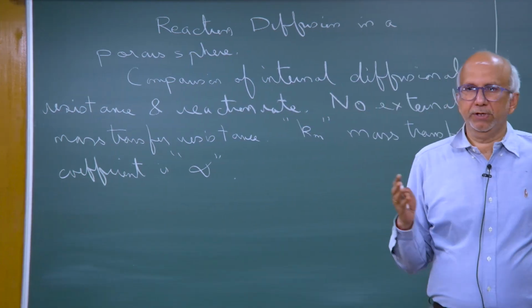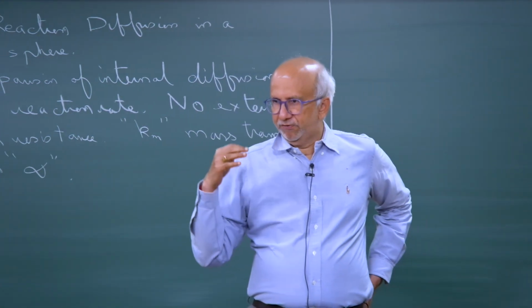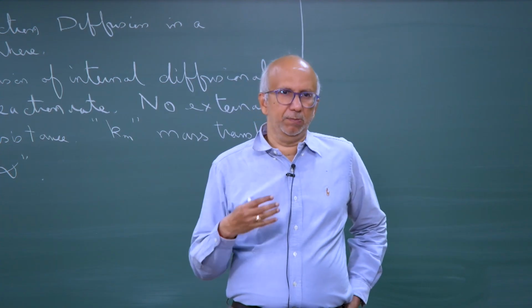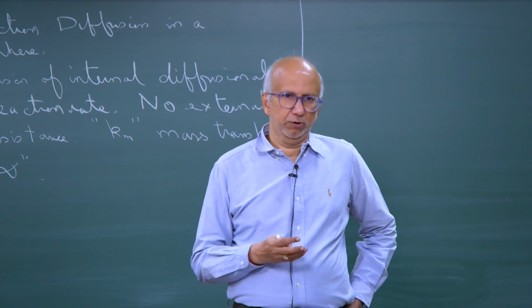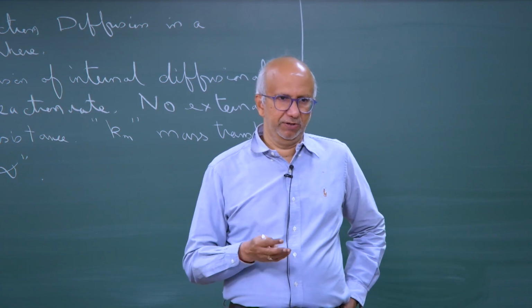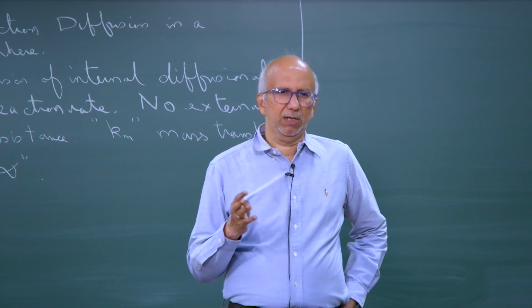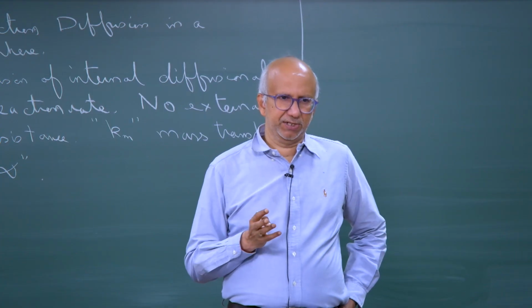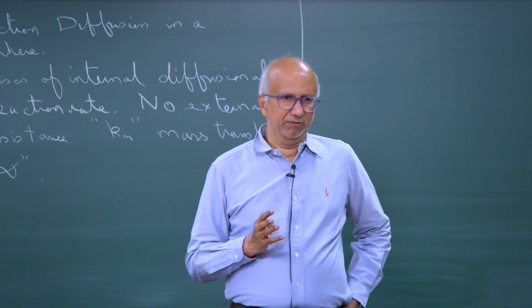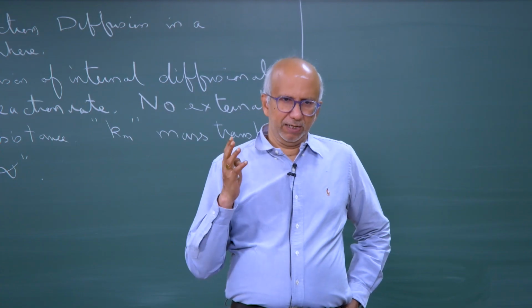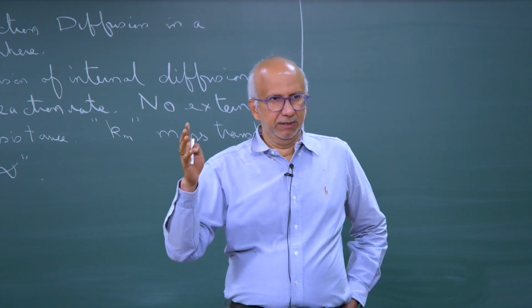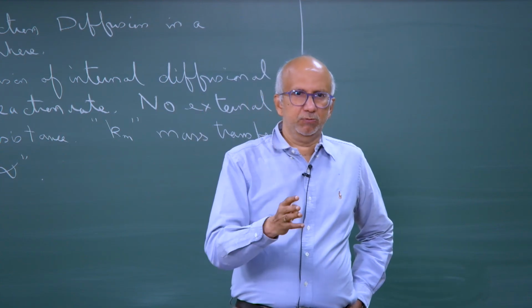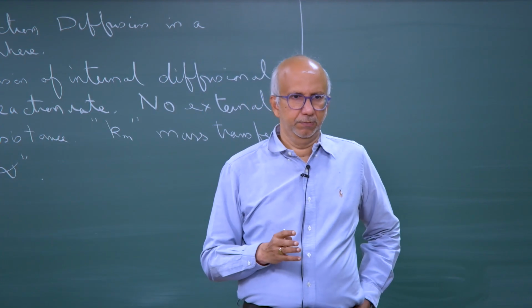So, there is no resistance in the film which is surrounding the catalyst plate. Normally, you will have some heat transfer coefficient or mass transfer coefficient. So, we are saying heat transfer coefficient is very large, mass transfer coefficient is very large. So, we are not talking about heat transfer, we are only talking about mass transfer, okay. So, Km is infinity. So, what that basically means is whatever is the concentration of the gas in the bulk will be the same as what it is on the surface, okay.